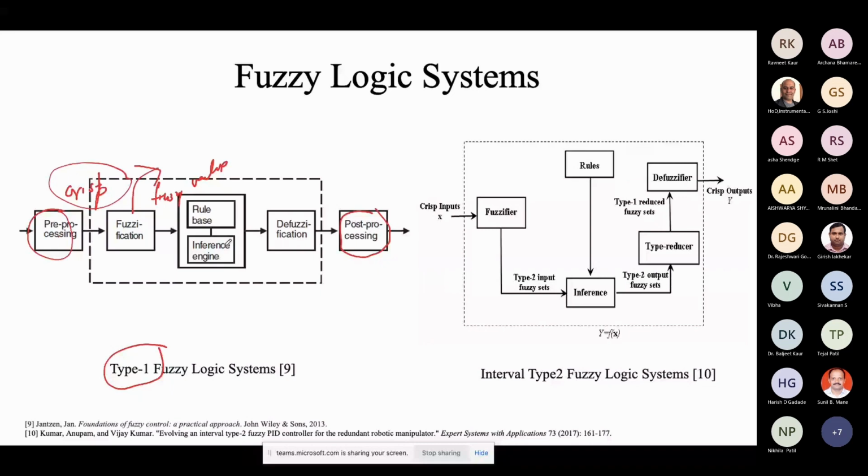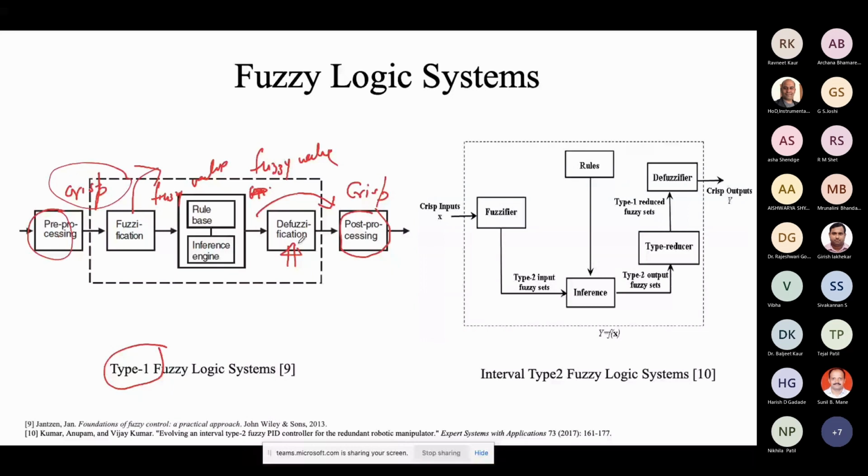And the defuzzification is the part where we are converting the fuzzy value to the crisp value. This is converted into a crisp value with the help of defuzzification. The defuzzification block can be done with the help of centroid, or various defuzzification methods available in the literature.